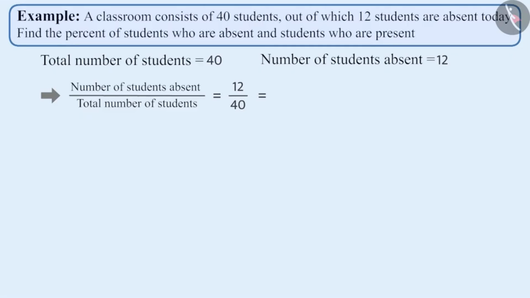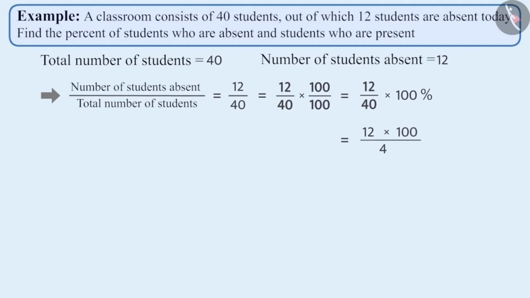For this, we will multiply the fraction 12 by 40 with 100 and divide it by 100 so that the value of the fraction does not change. 12 by 40 is equal to 12 by 40 into 100 by 100, which is equal to 12 by 40 into 100%, which is equal to 12 into 100 by 40%, which is equal to 1200 by 40%, which is equal to 30%. Therefore, 30% of the students are absent in the classroom today.